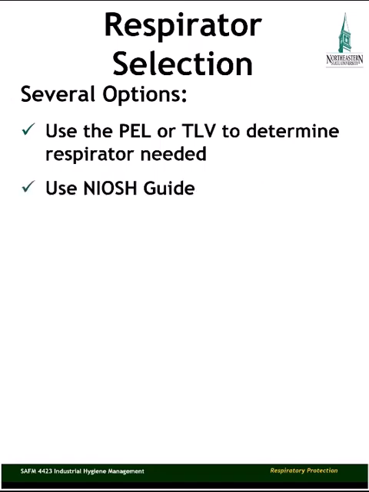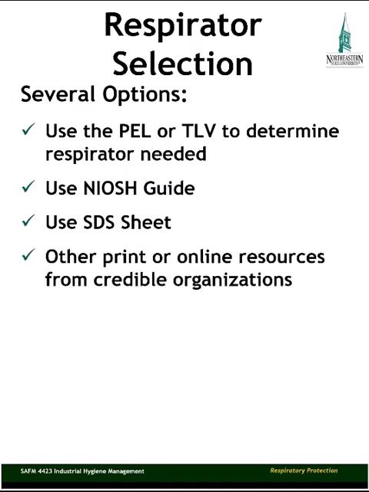You can also use the NIOSH guide, and I'll give you an example of using the NIOSH guide to select a respirator. That's a quick and easy way to go if it works out for you, but it doesn't always work out, as we'll see. You could also use the SDS in some situations. In some situations, you're not going to be able to use the SDS or the NIOSH guide because the information's not in those materials. So you're going to have to do some additional research.